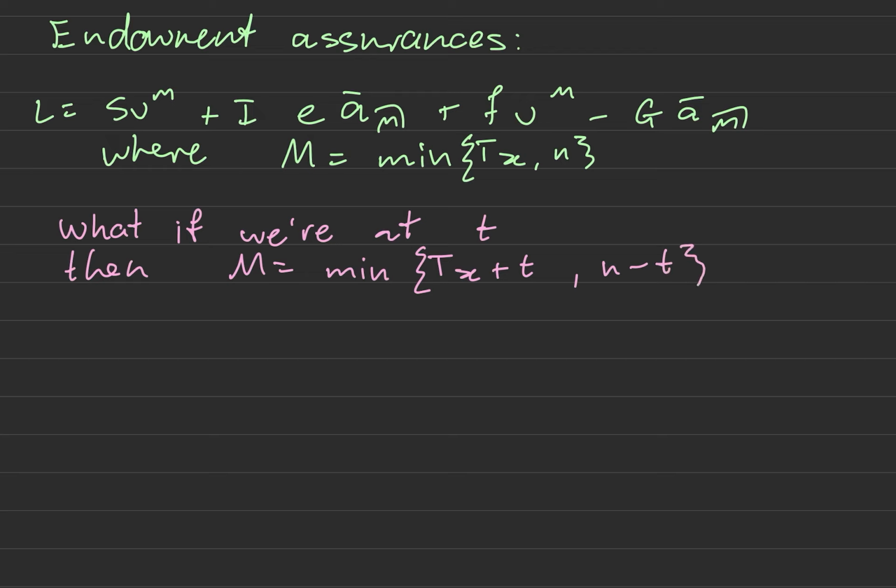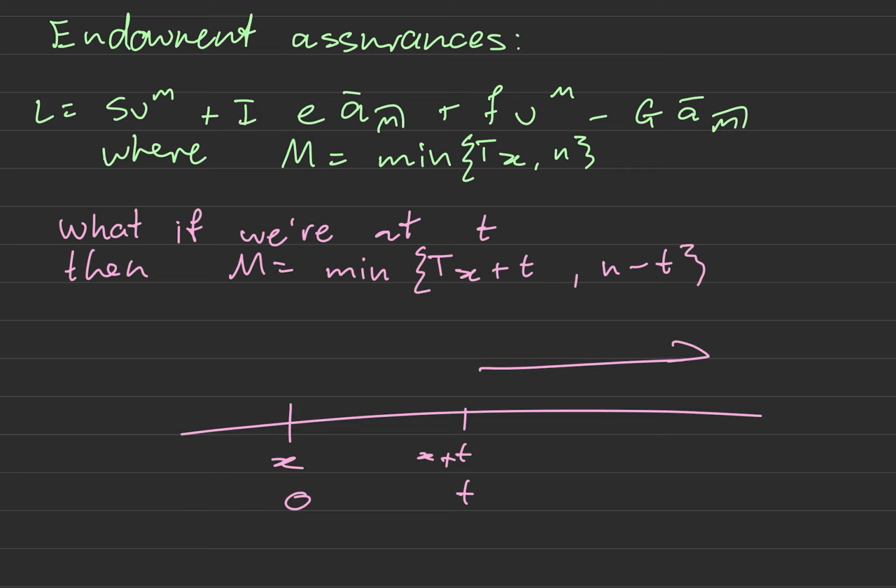Why do I do this? Well, here's the life now aged x at time 0 at the start of the contract, and here's time t. So this person is aged x plus t. I'm now looking from t onwards until the end of the contract, and I need the gross future loss random variable. This death benefit should be payable when this person dies, or at the end of the contract, because it's an endowment insurance contract.